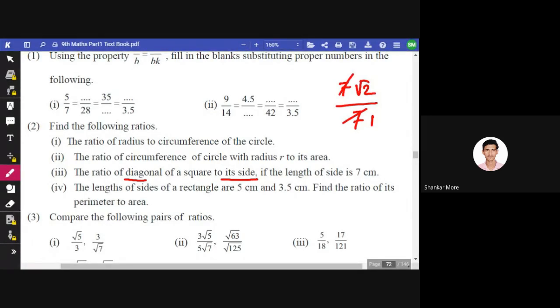Tell me, what is the perimeter of this rectangle? Can anybody put it in the chat box? What is meant by perimeter? Perimeter means sum of measures of all the sides, right?